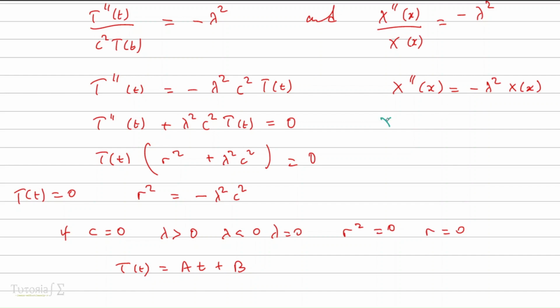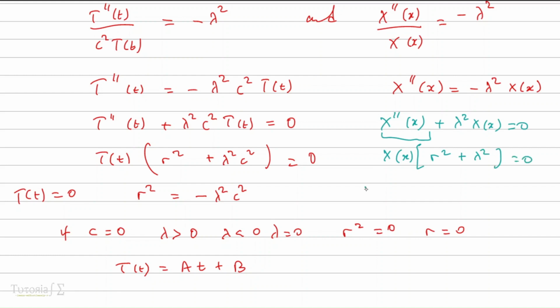We will bring the X double prime of x this side, we'll transpose, so it'll be plus lambda squared X of x equal to 0. So the same thing, we'll factor out X of x, so that here we remain with some eigenvalue, r squared plus lambda squared equal to 0.